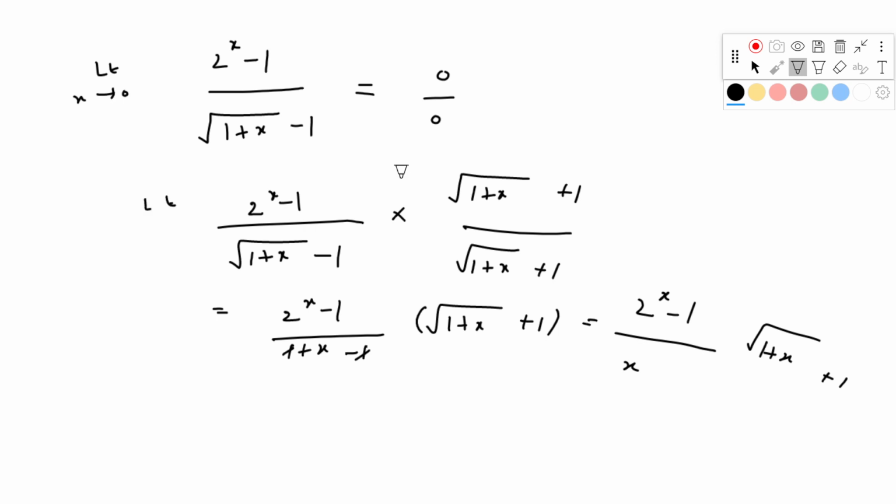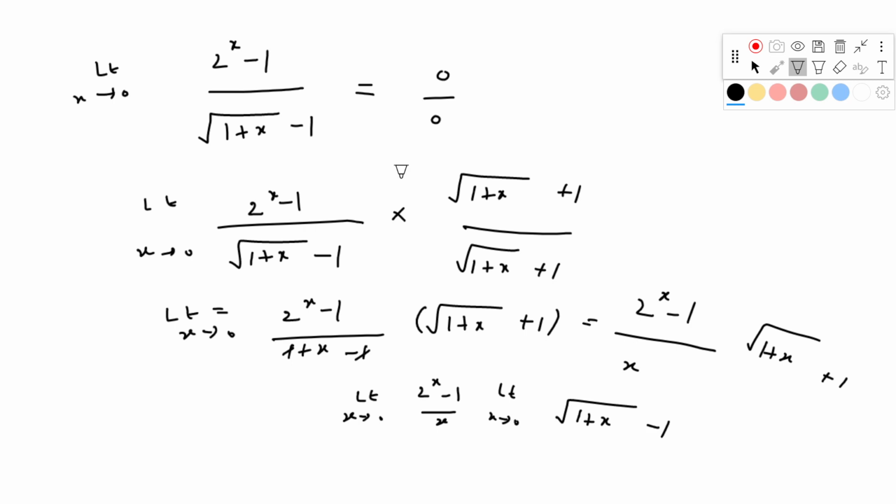Here limit x tends to 0, here also limit x tends to 0. So what I do: limit x tends to 0, 2 power x minus 1 by x, and limit x tends to 0, root over 1 plus x plus 1. Can I write like this?